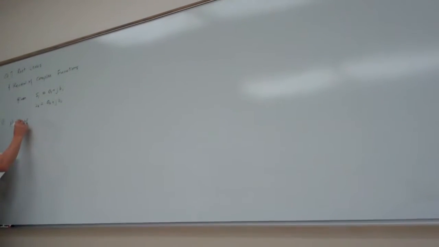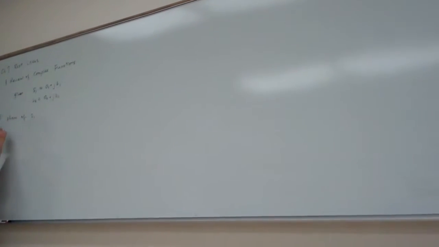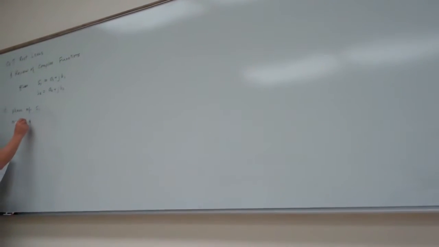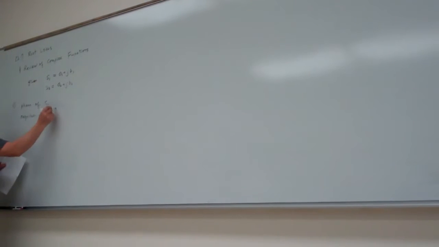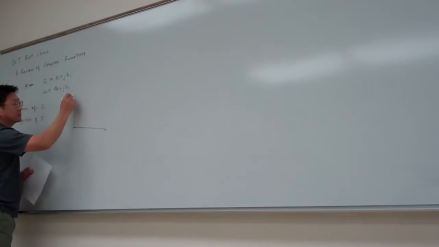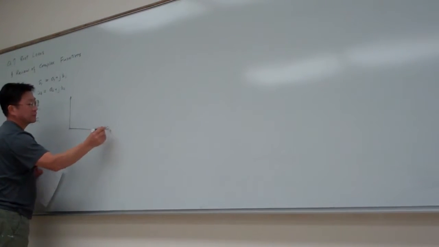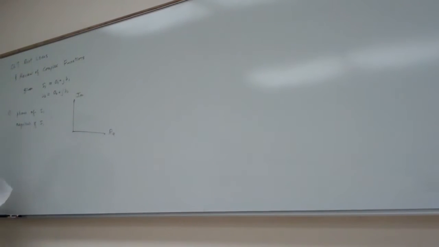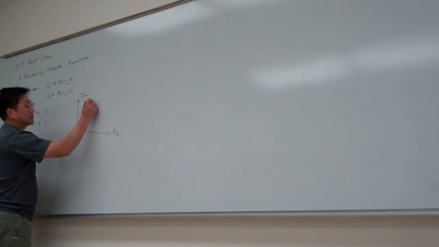the phase of S1 and then the magnitude of S1. So here, for example, is our complex plane, with the real and imaginary axes. And say, for example, S1 is here.